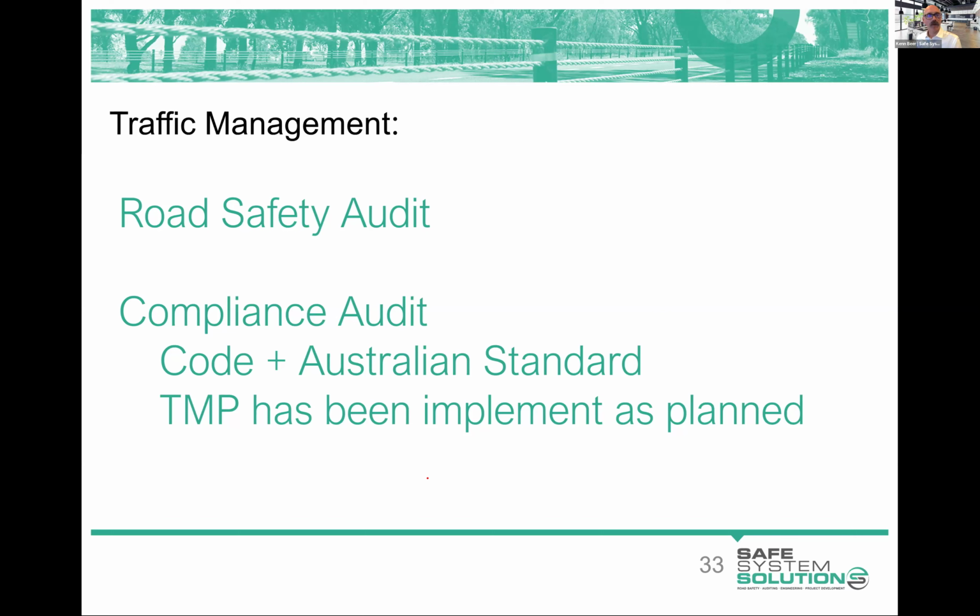Now, a road safety audit will do a lot of that as well, but the road safety audit should be thinking big and wide as well, and also questioning whether some of these specifics are appropriate in the context that it is.